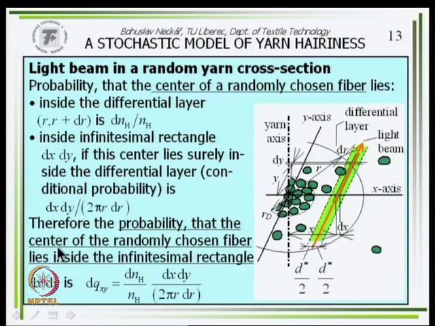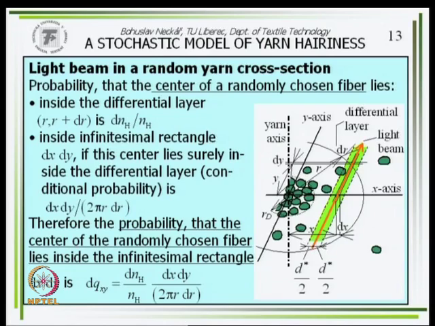And let's formulate the probability that the center of a fiber, which surely is lying inside of our differential annulus, is lying also in our elementally small rectangle dx dy. Yeah? Let's think only about the fibers which are lying inside of our differential annulus. It's sure in the moment.